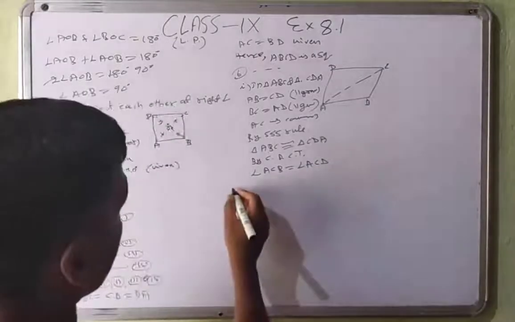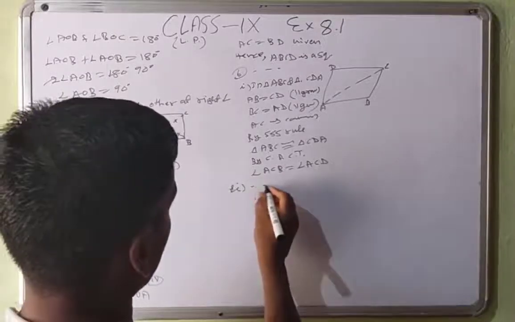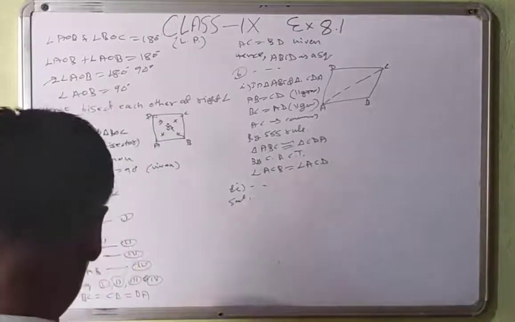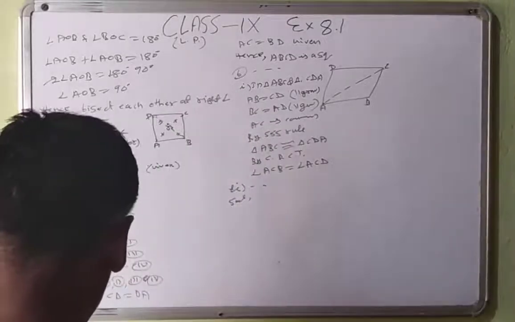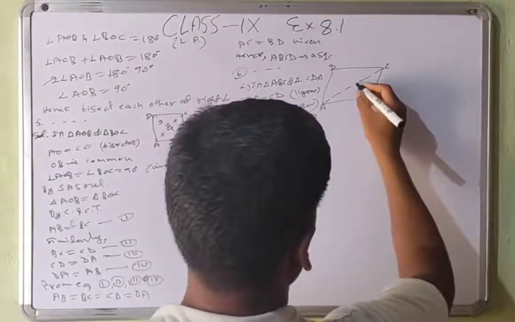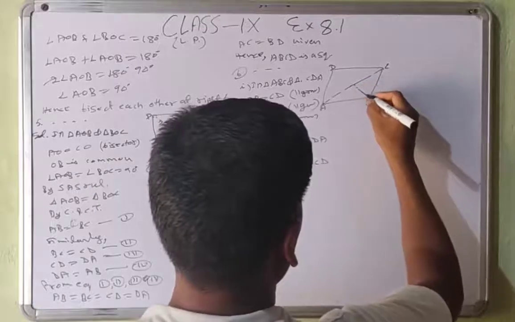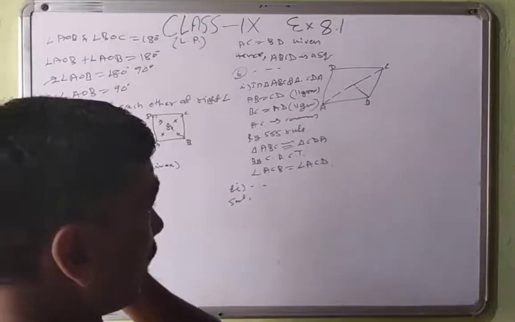Second part, that will be the solution. We need to prove that ABCD is a rhombus. Rhombus means we need to prove that all sides are equal.